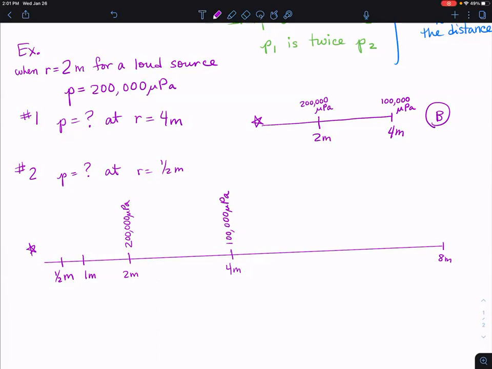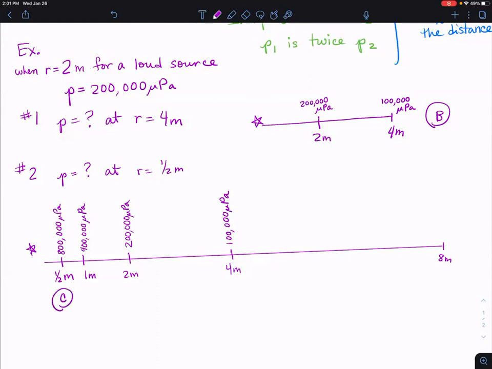So when I go from 2 meters to 1 meter, that's half the distance, so it will be twice the sound pressure, sorry. And then if I go from 1 meter to half a meter, it's going to double again. So a factor of a quarter in the distance is the same as 4 times as much in the pressure. Okay, so that is C.